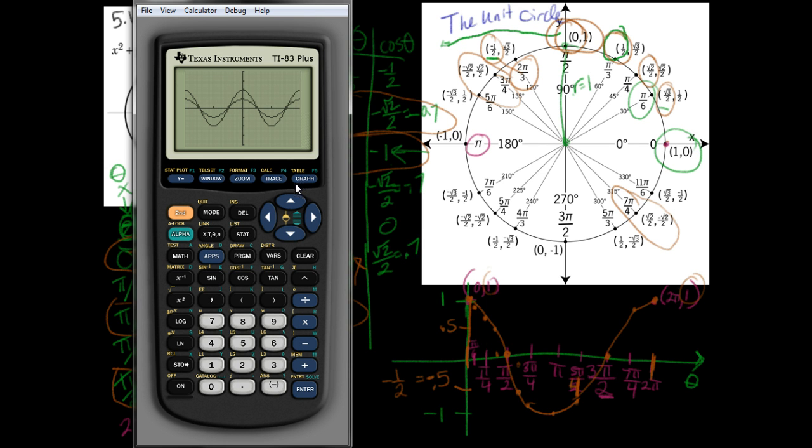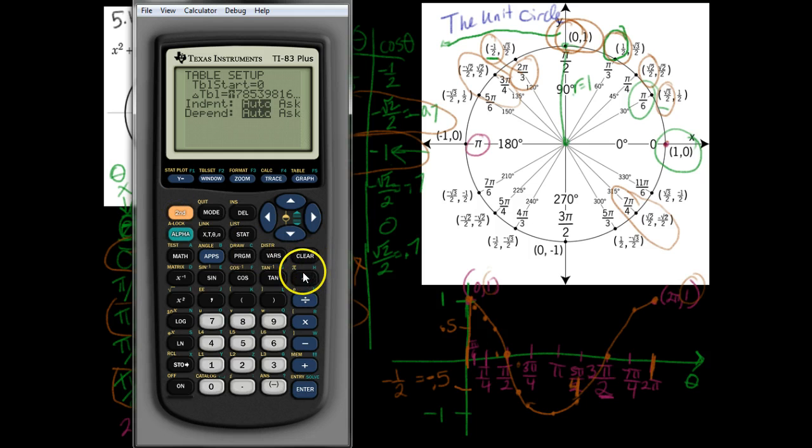Okay, so another cool feature in your graph is the table. You have to hit the second button and the table. I want to show you that you can actually come up with a table of values. If you go to table set, I'm going to start at 0, and I said I want my steps to go every pi over 4 increment.